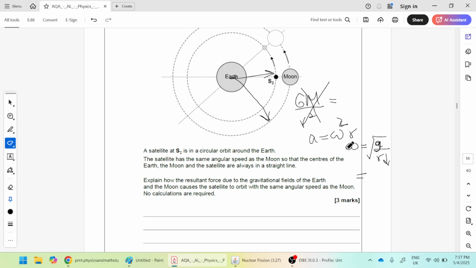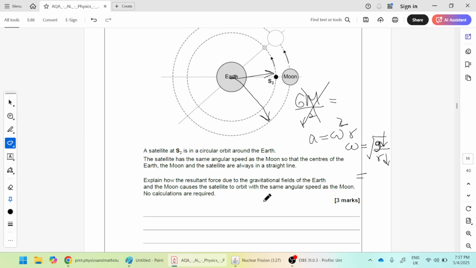So in order for omega to be constant, g has to be smaller. But in reality, we know the closer you get to something, the stronger the gravity is. So what should have happened if the moon was not there? g would be higher, which would lead to omega being higher. In order for omega to be constant, that means the moon has to fight it, right?